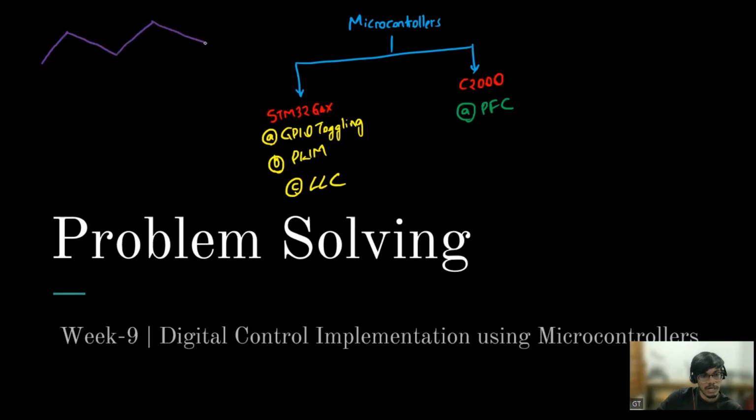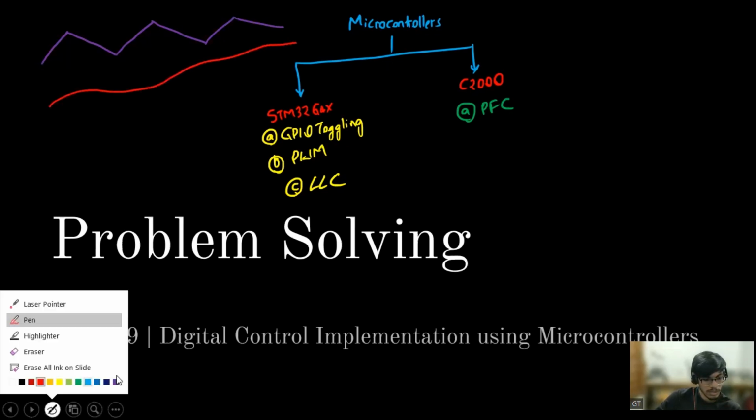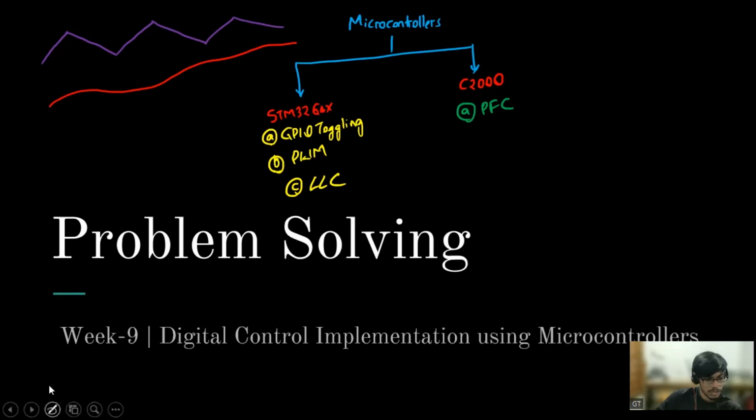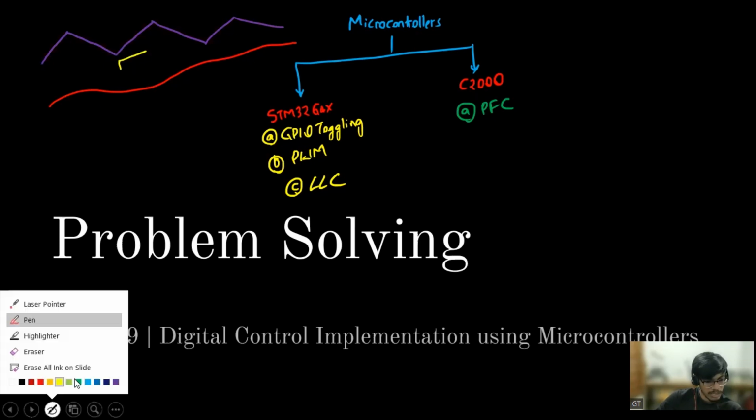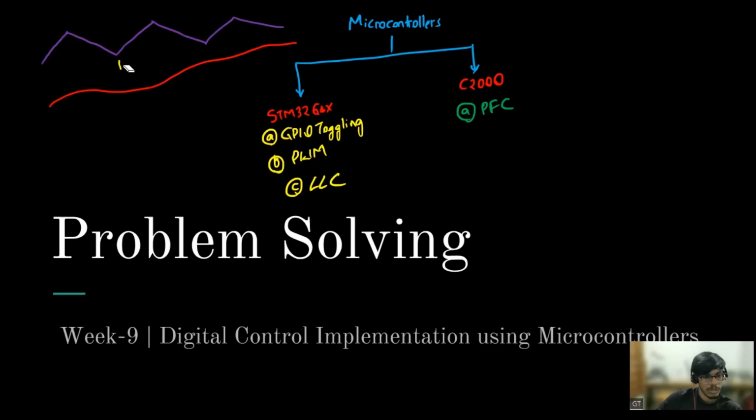Say this is the inductor current, and this is the output voltage. I need the gate pulse information, so let us consider a voltage mode controller.